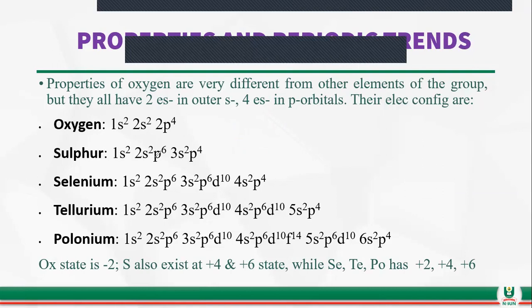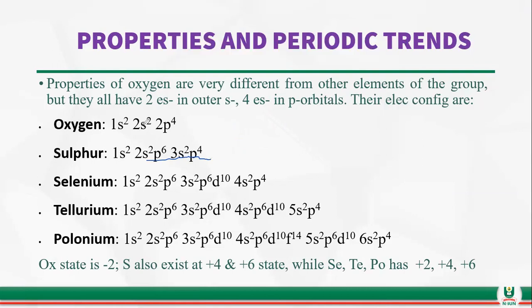Oxygen is 1s2, 2s2, 2p4. And that makes 8 electrons, which means in the first orbital, or number 1, there are 2 electrons, and in the second orbital, there are 2 electrons in the S and 4 electrons in the P, making a total of 6 electrons in the outer shell.